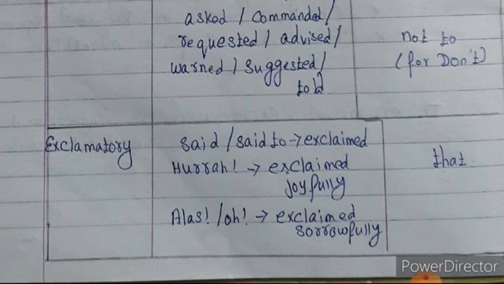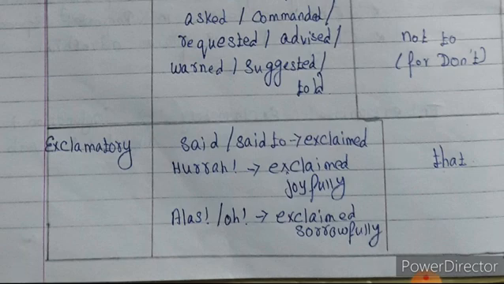Again, recall children, there are four types of sentence. One is the statement, second is the interrogative, third is the imperative, and fourth is the exclamatory. For the statement, you have to use the conjunction as that. For the interrogative, if a WH question or how is present, you have to use the same question word. And if the interrogative is a yes or no type of question, you have to give the conjunction either if or whether.